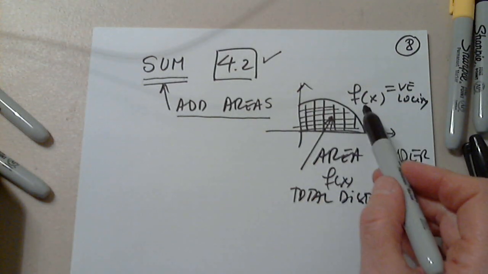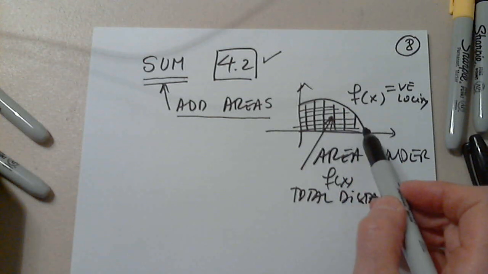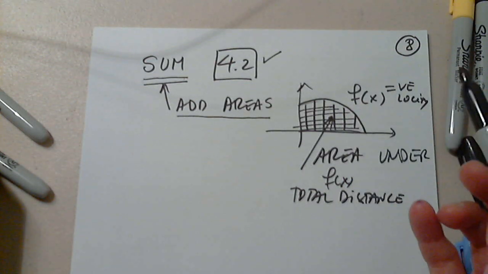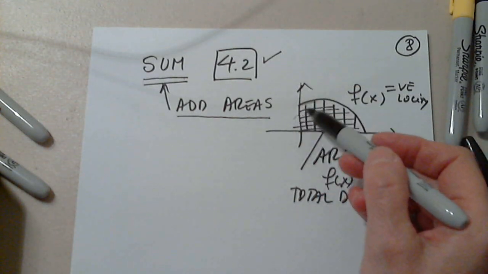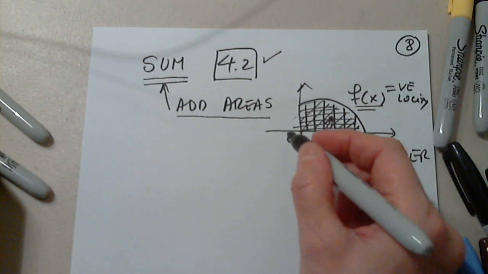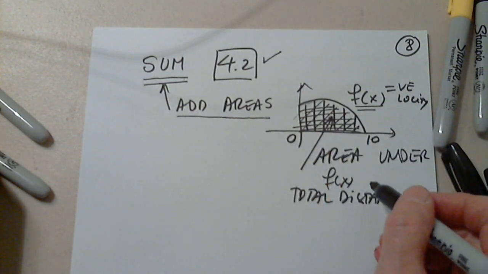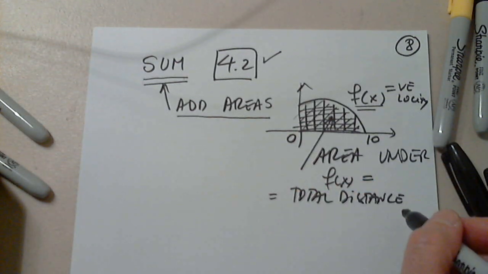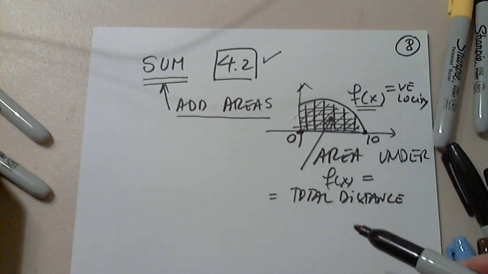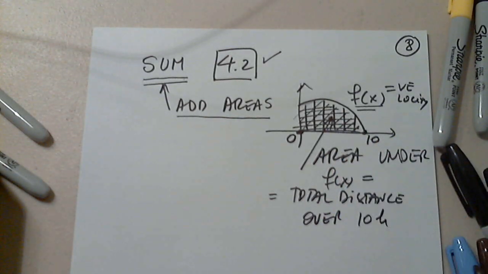Notice that this is the derivative basically. If I have the graph of the derivative, and I determine the area under the graph, let's say between 0 and 10, this area is nothing else but the total distance between the beginning of the trip and the end of the trip, over, as my example, 10 hours.